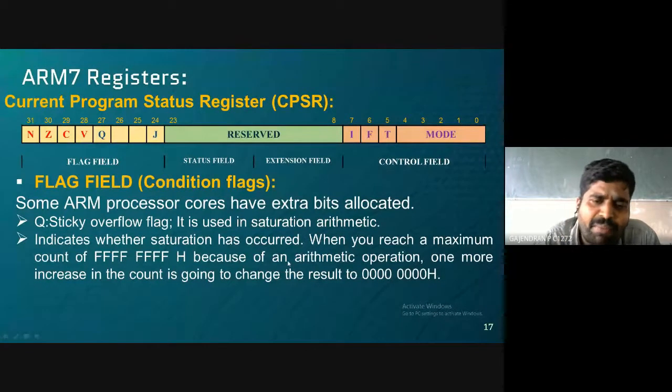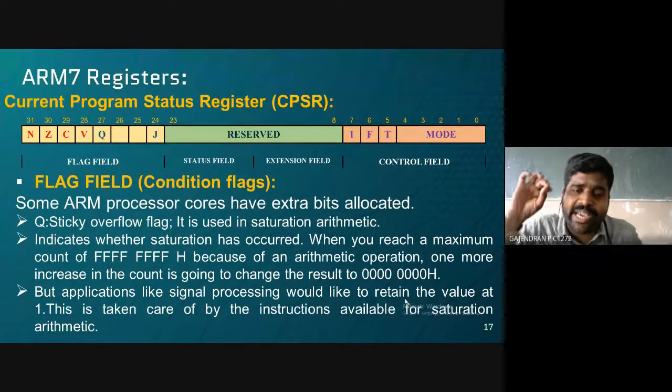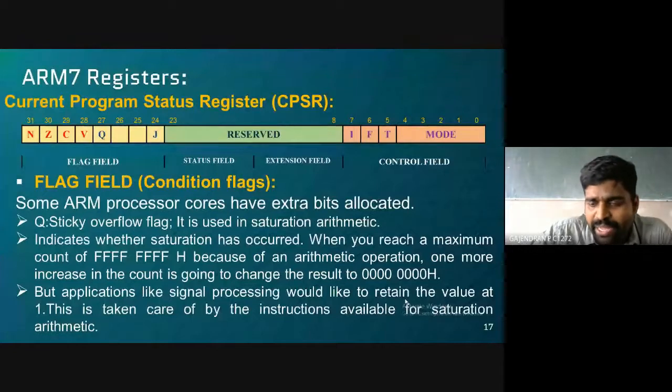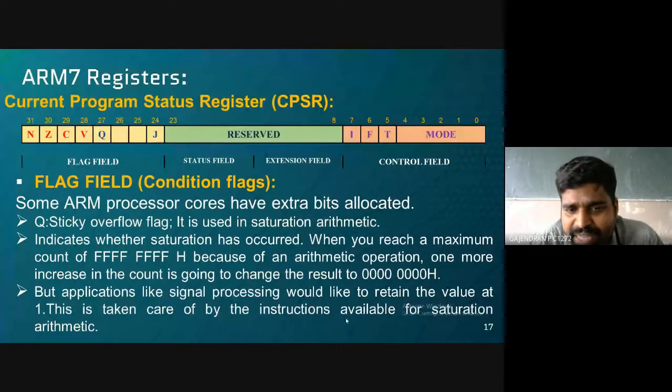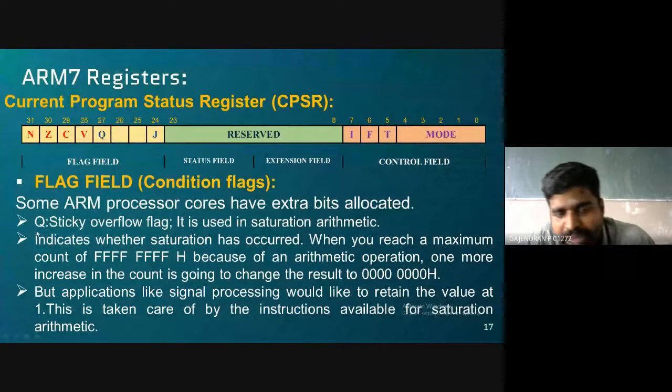But there are some applications like the DSP process. At that time, we need to indicate that your process is getting saturated. அதை எப்படி indicate பண்றது? அதை indicate பண்றதுக்குத் தான் they introduced this flag field called the sticky overflow flag, indicated with the capital letter Q. Please note it down, it is very new to you.